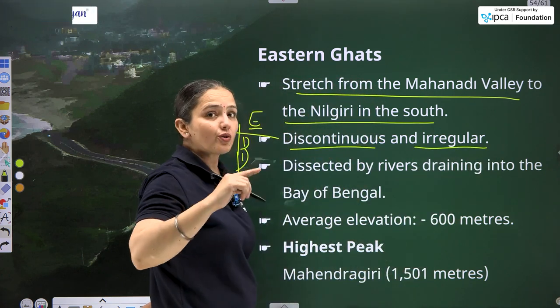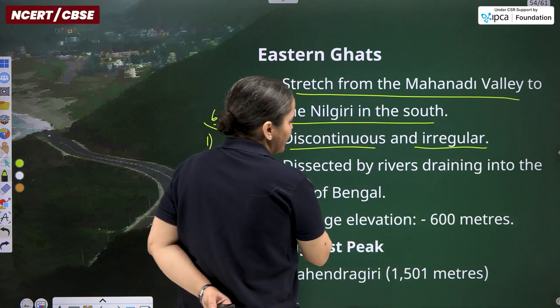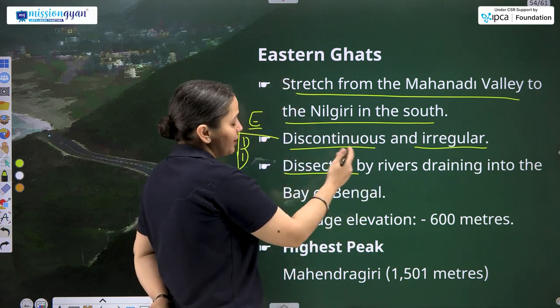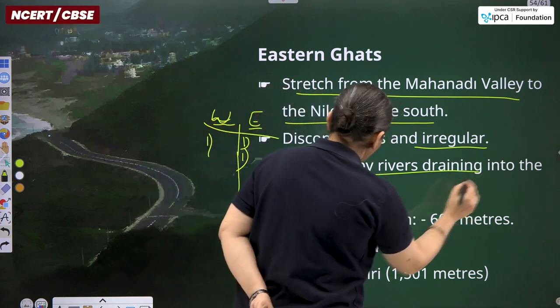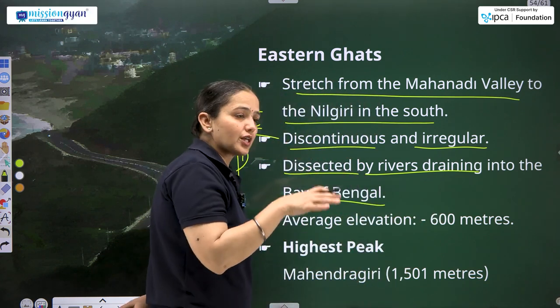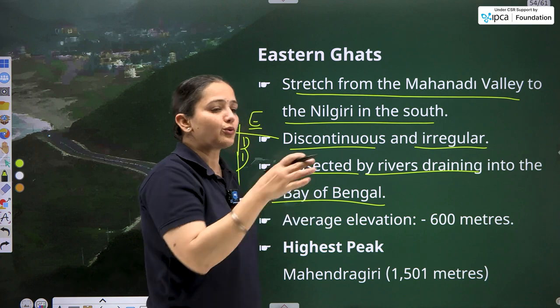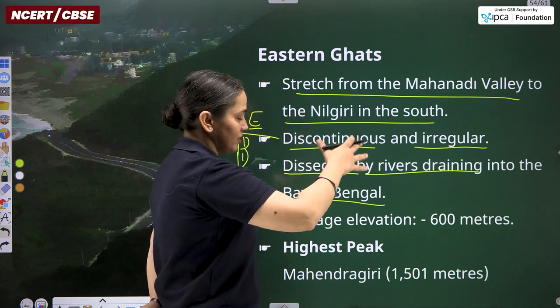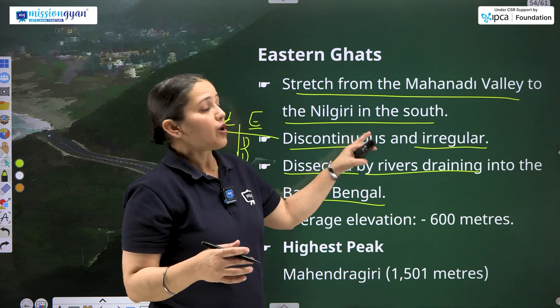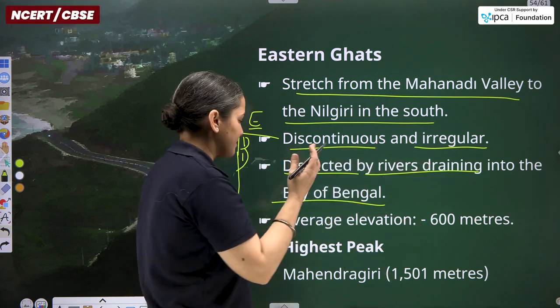Western Ghats are continuous and regular. Why are they split? Why are they not in continuity? Because they are dissected by the rivers draining into the Bay of Bengal. So 4 major rivers of southern India, along with tributaries and distributaries, are the responsible reason for the discontinuity or irregularity of these Eastern Ghats.